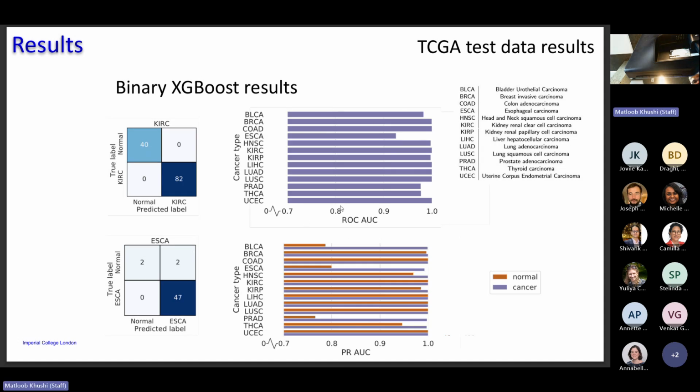These are the performance metrics. We looked at area under the ROC curve, precision recall, F1. We also did Matthews correlation coefficient because it's an unbalanced data set. As you can see, the model could classify the majority of the tumors correctly.